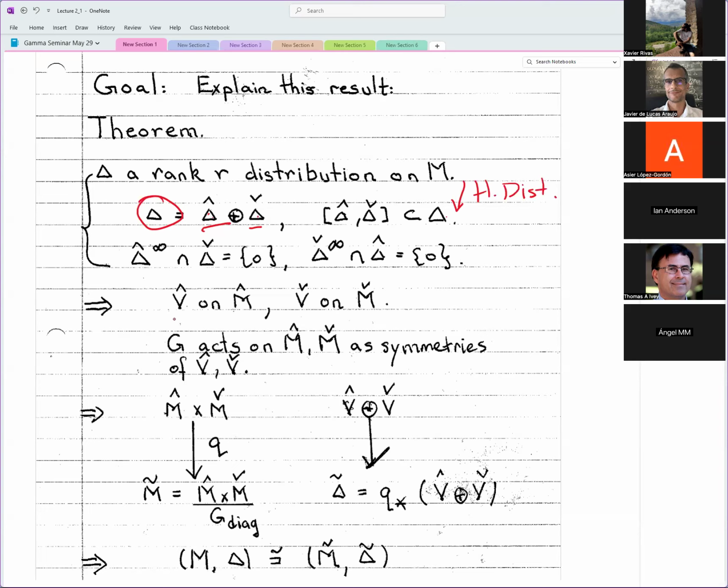We then talked about derived flags last time, and delta hat infinity is the smallest completely integrable system containing delta hat. And then we impose these two conditions, which are the conditions of Darboux integrability.